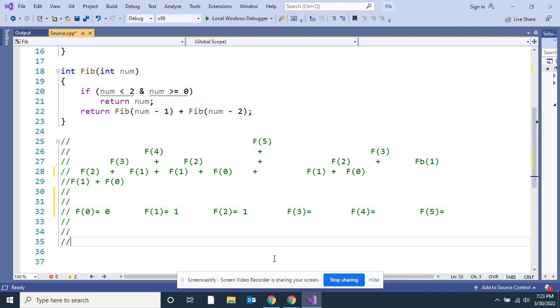All right, let's see what F3 equals. So here's F3, and you can see from this tree, it equals F2 plus F1. So F2 equals 1, F1 equals 1. That means F3 equals 2.